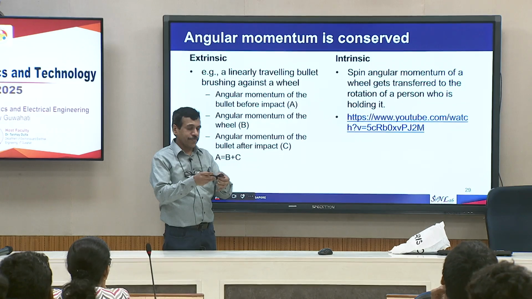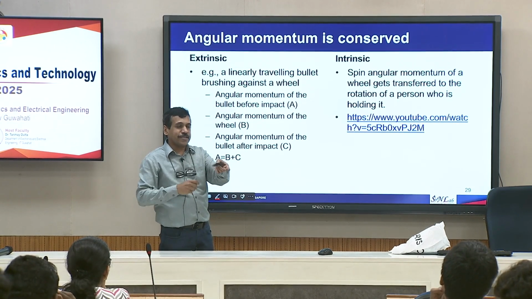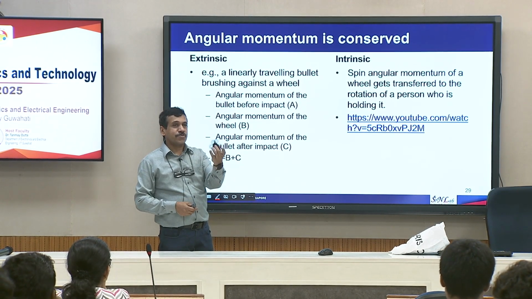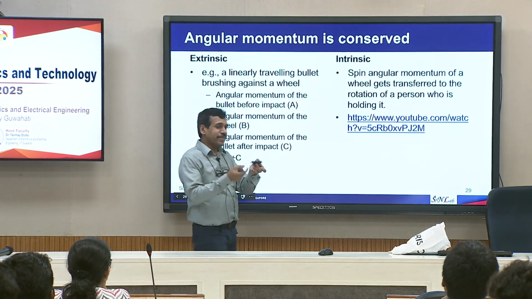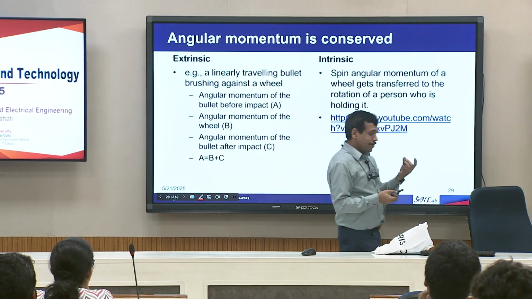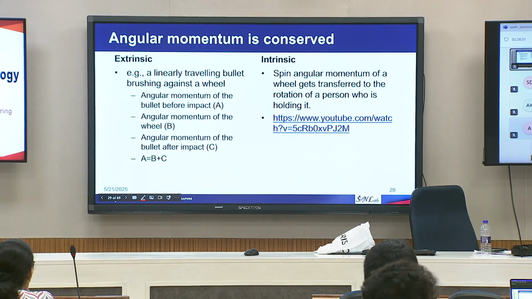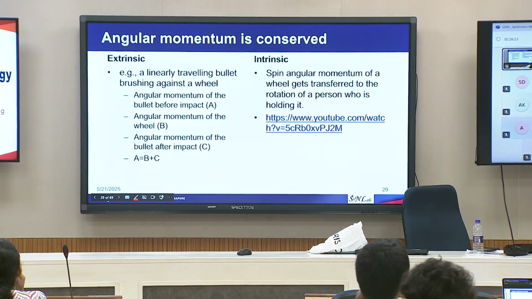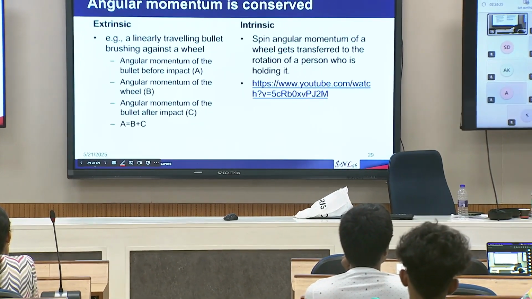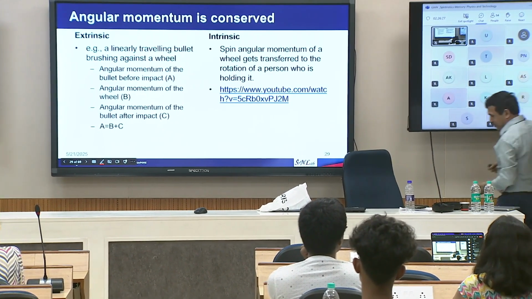Last time I asked some of you to rotate the fidget spinner and try to change the direction. You will feel some force on you. I will pass it around, you can play during my lecture. Just rotate, hold it in your finger, then try to change the angle, you will feel some force on you.